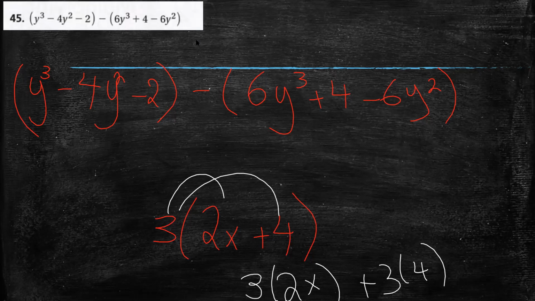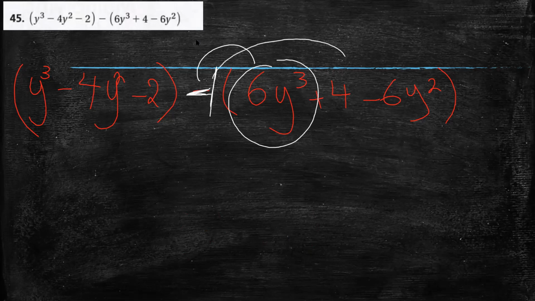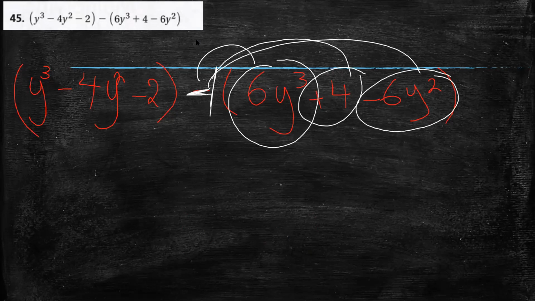We imagine that this one is negative 1 multiplied by each term. So how will it be now? They change the sign. I mean negative 1 multiplied by 6, negative 1 by 4, and then negative 1 by negative 6y squared.